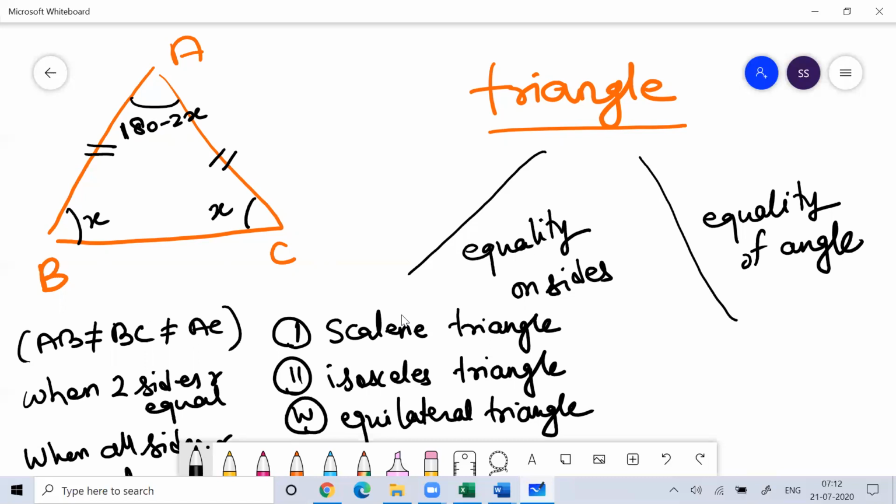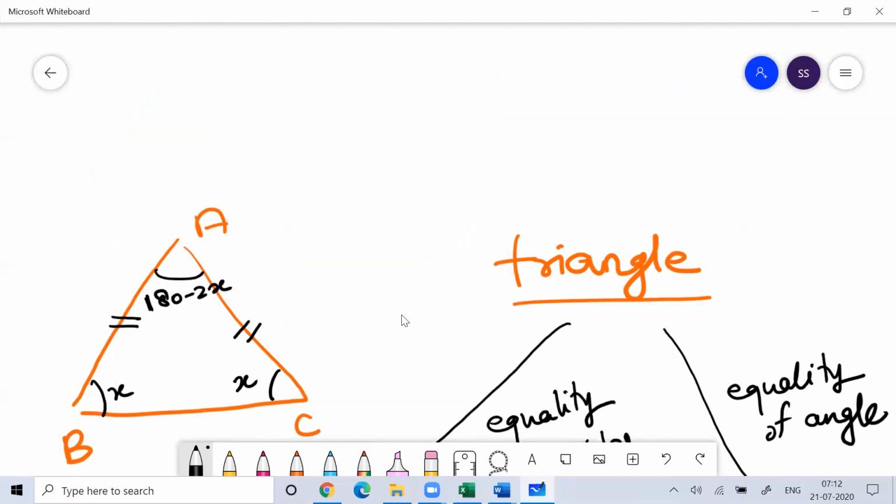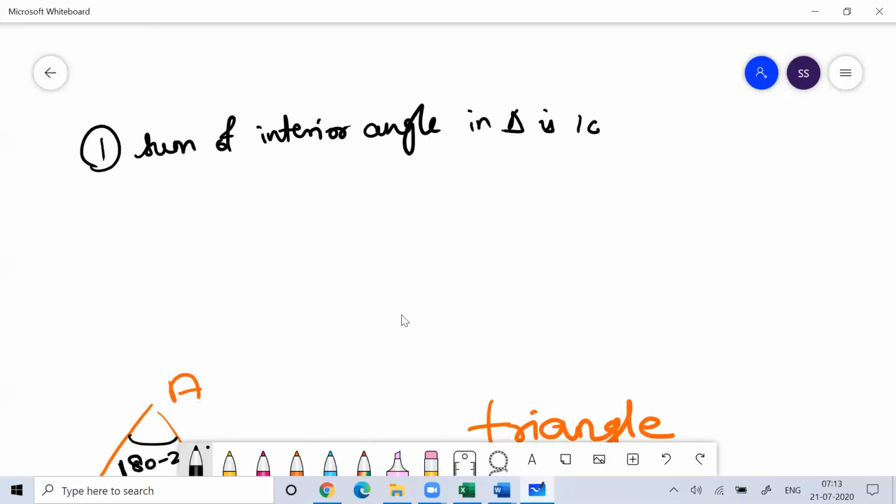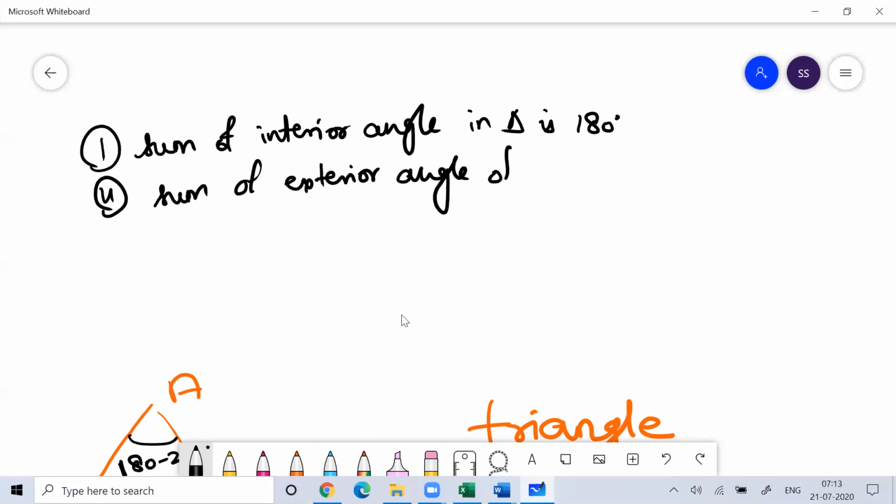The sum of interior angles in a triangle is 180 degrees, a very important property. While the sum of exterior angles of a triangle is 360 degrees.